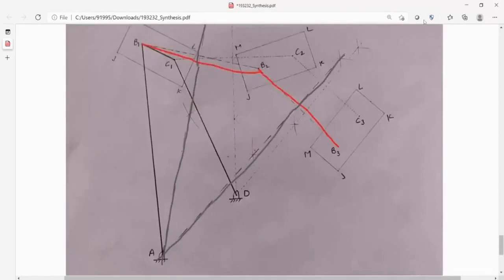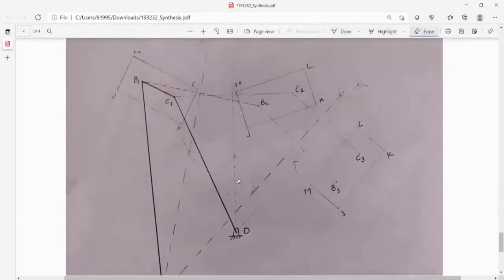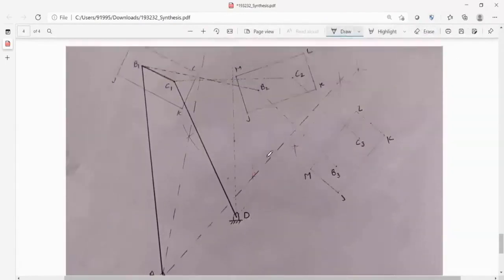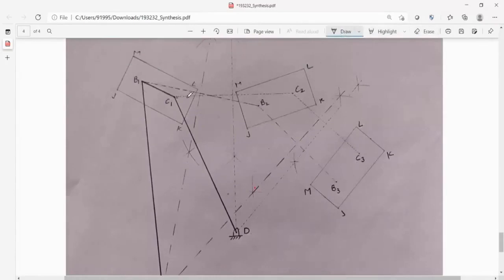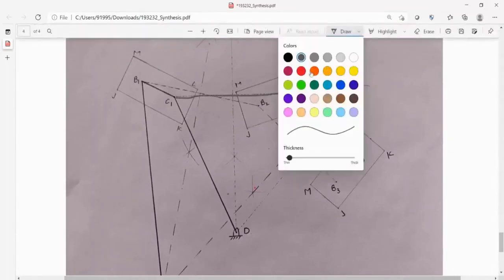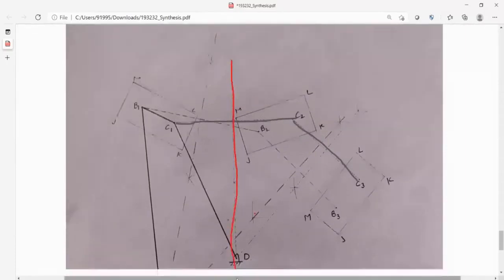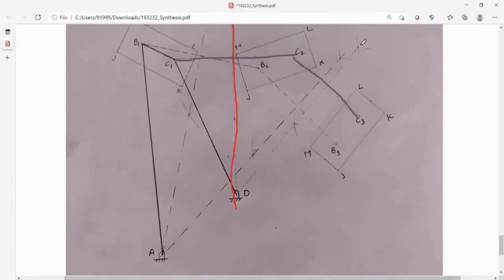Similarly, we will do this for the D pivot point. Now we will join C1, C2 and C2, C3. Then we'll draw mid normals to them: mid normal to C1, C2 and mid normal to C2, C3.